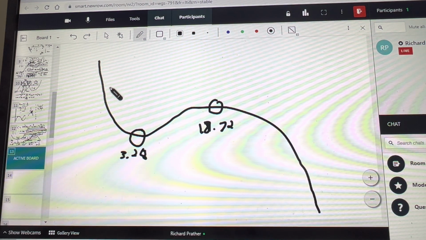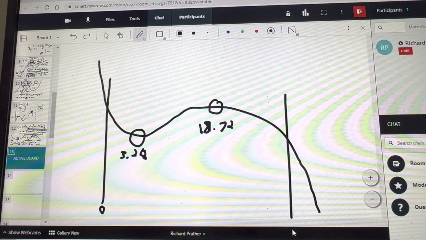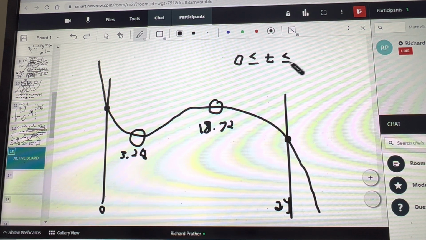But the graph starts at exactly 0 and ends at 24. So even though these are not critical numbers, we're going to do this later actually, where you also have to check the endpoints, although we didn't have to do this on that other problem, which is strange. The endpoints can also be maxes or mins, just because the graph has a hard stop and start at those points.